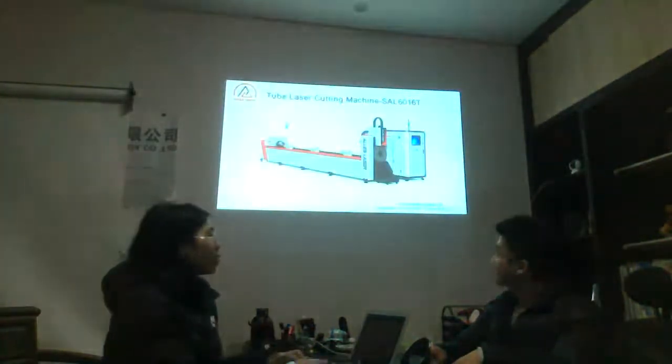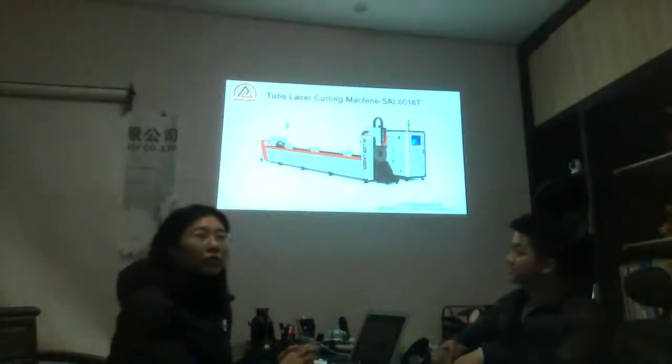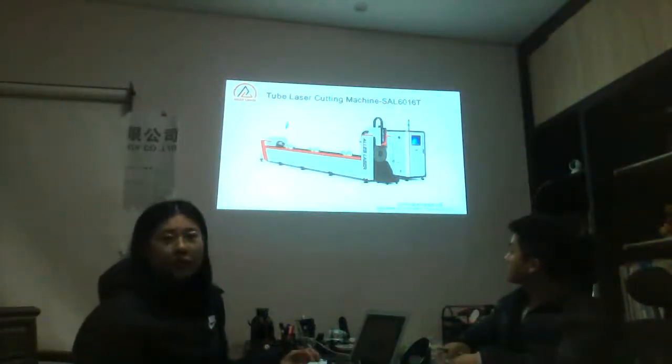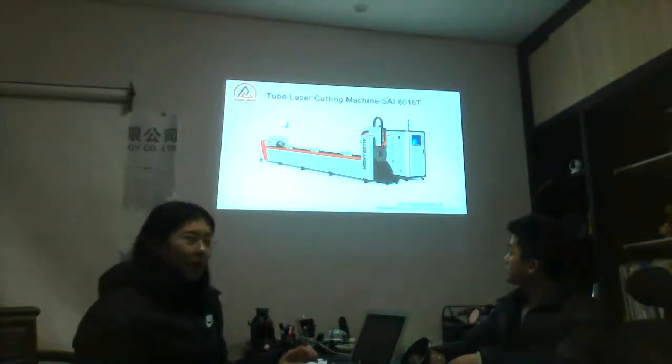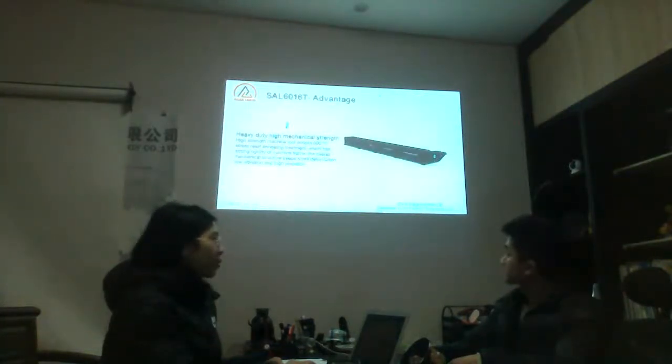And today we will introduce the specialized laser cutting machine for tubes and pipes. We can see the worktable here, and this is the chuck, this is the synthesizer, and this is for convenience.